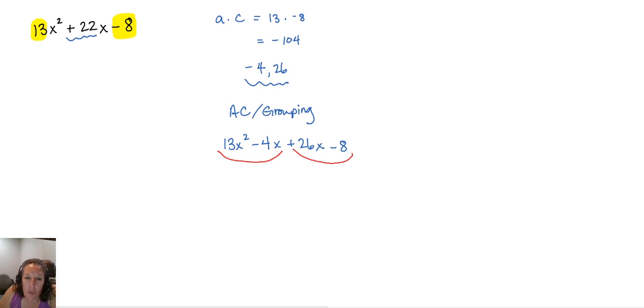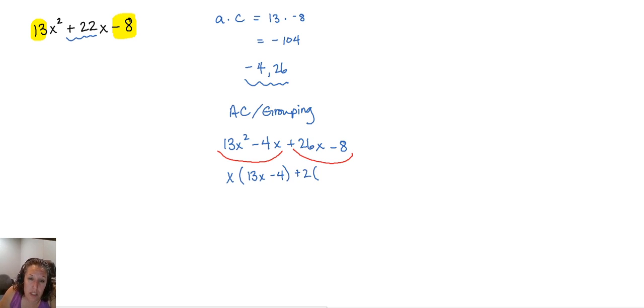13x squared minus 4x. Well, 13 and 4 don't have any common factors, so our greatest common factor is just going to be the x that they have in common. And if we factor out an x, we're going to be left with 13x minus 4. 26x and negative 8, well, 26 is not divisible by 4 or 8, but it is divisible by 2, so we can factor out a 2.